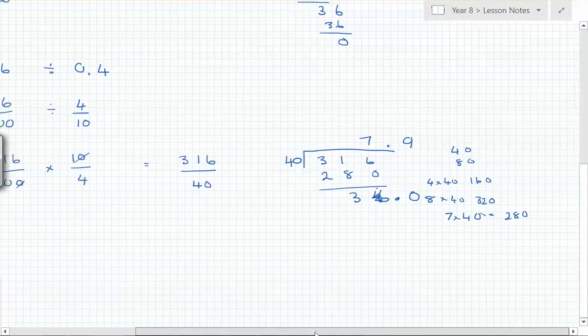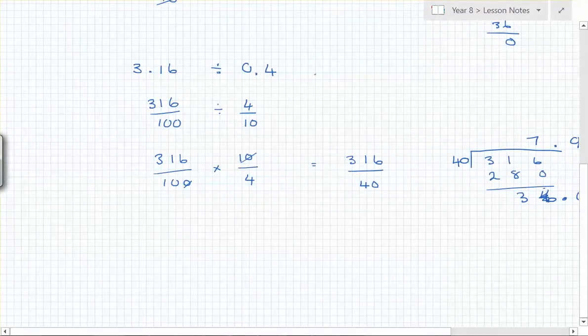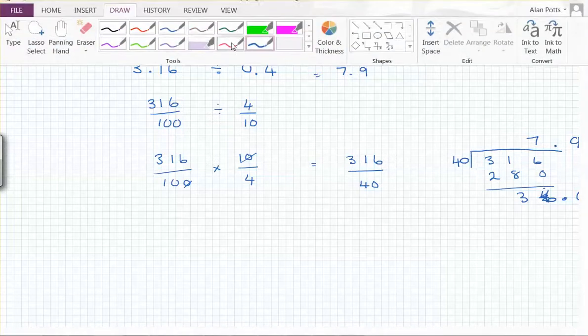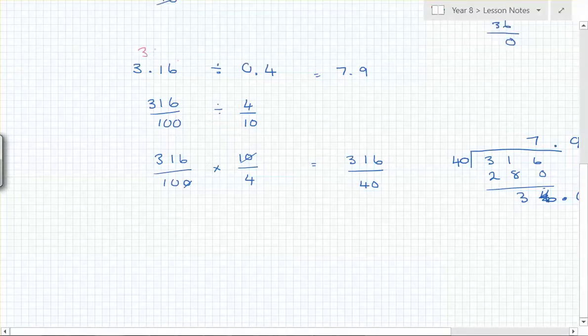Now, what I want to go back to though, so this answer is 7.9, but I want to point out that what we ended up having to do was 316 divided by 40. It's coming back to what Sushi says.